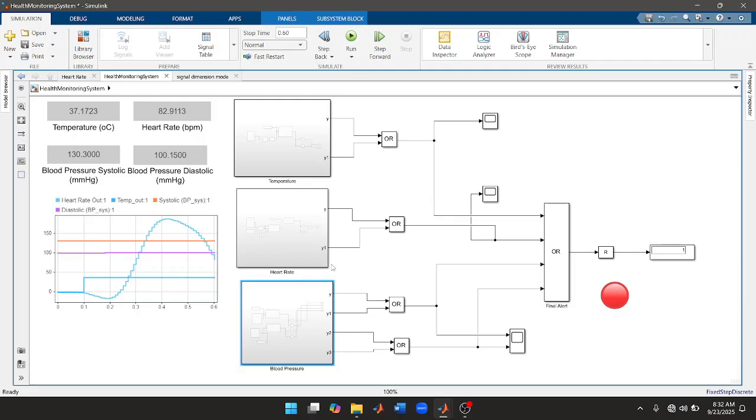Whichever one is abnormal, you are going to get a red alert.